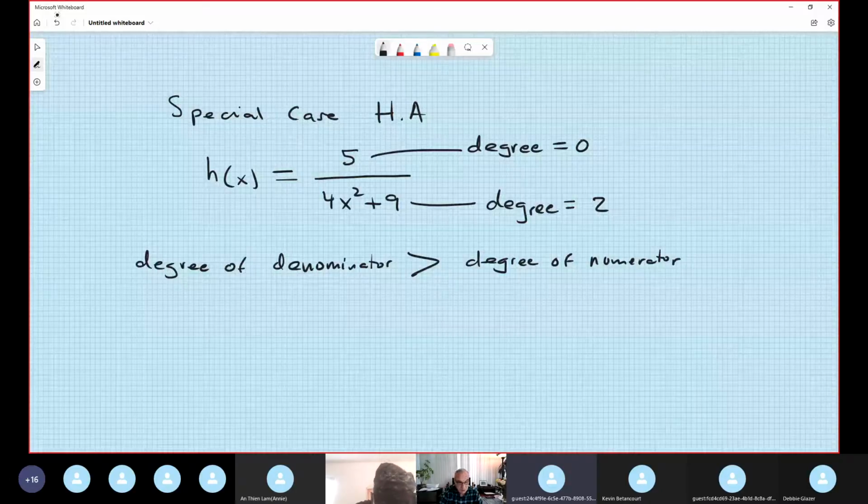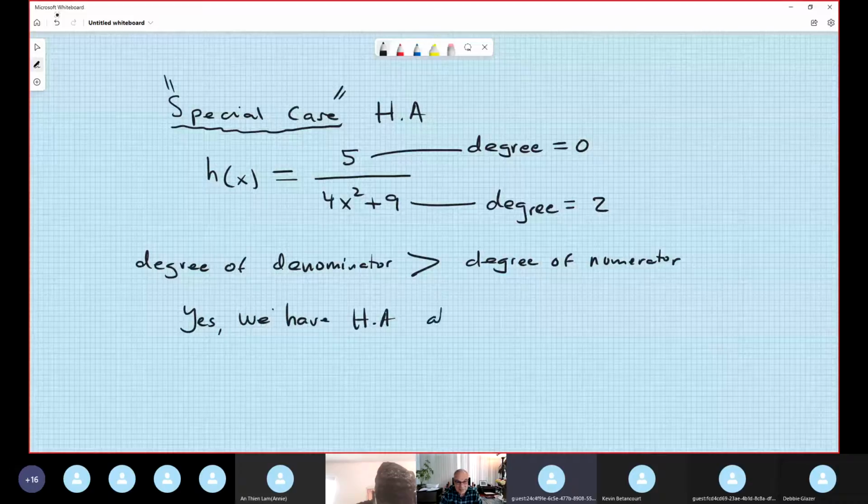So yes, we have a horizontal asymptote, but a special one. Okay, the special one is always at y equals 0. And the reason is clear.